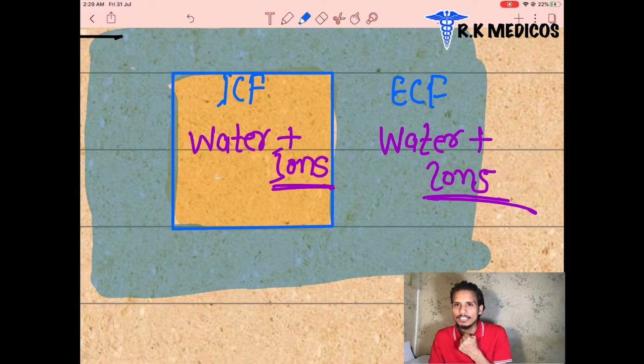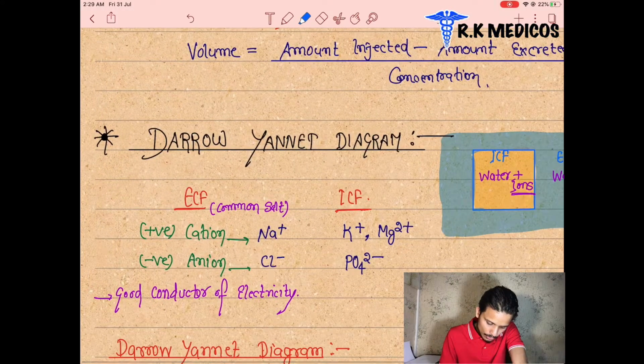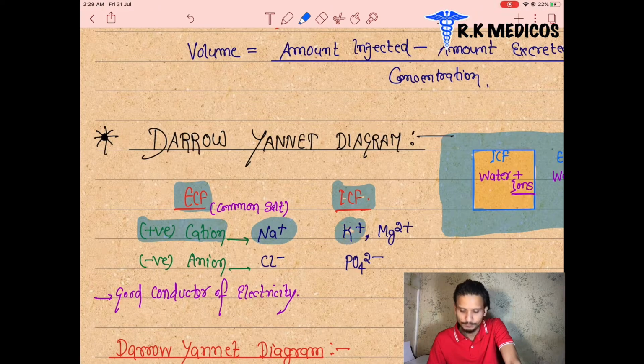Here we can see the extracellular fluid and the intracellular fluid. The cation in the extracellular fluid is sodium. In the intracellular fluid it is potassium and magnesium.